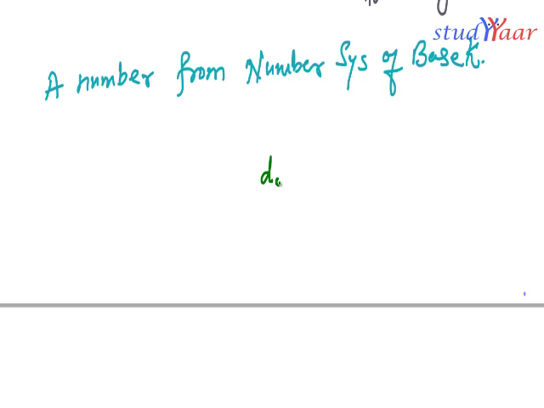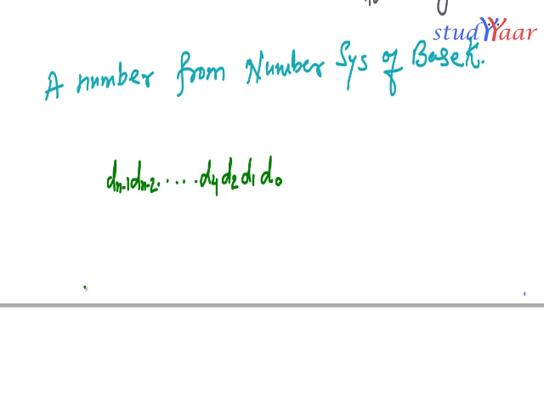It is going to have the first digit, second digit, third digit, and so on. It's going to have, let's say, d n minus 2 and d n minus 1.